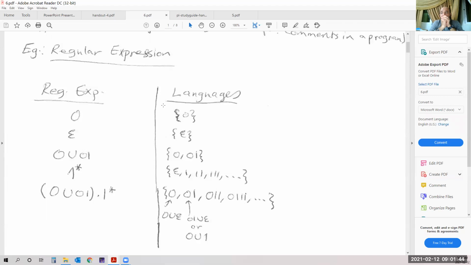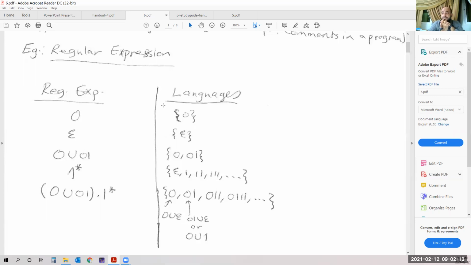If I have 0 union 01, then the set {0, 01} will be this one. If I have 1 star, it could contain 0 or more occurrences, as we defined the Kleene star. It will be 0 or more occurrences, an infinite number of times, of that symbol or string. So if I have 1 star, it will be epsilon, 1, 11, 111, and etc.